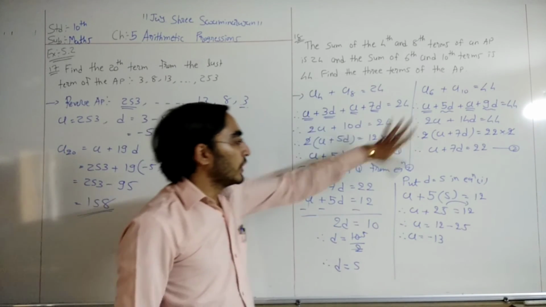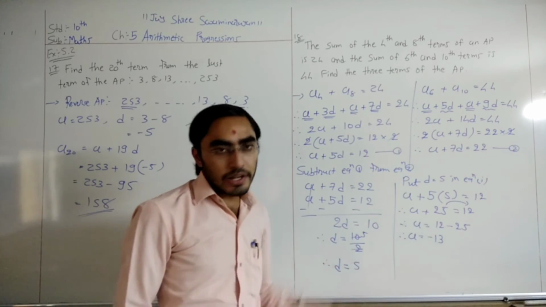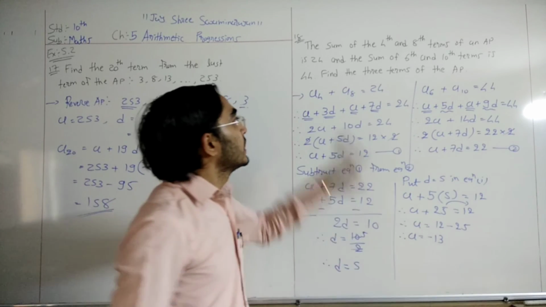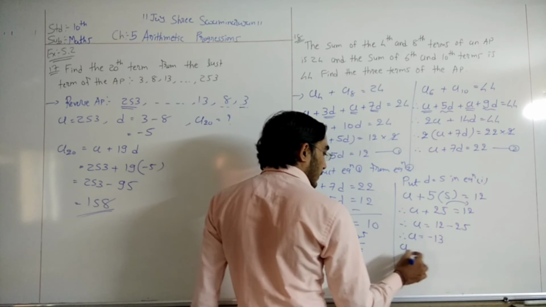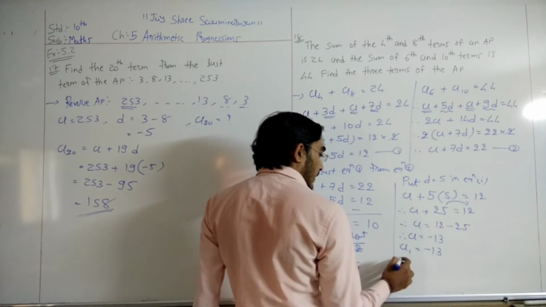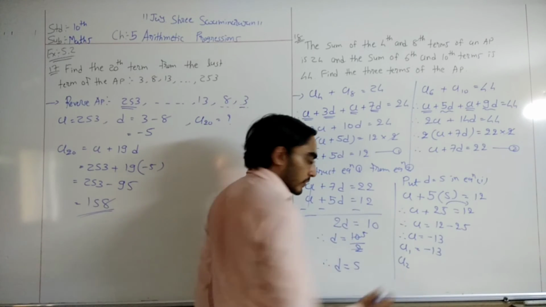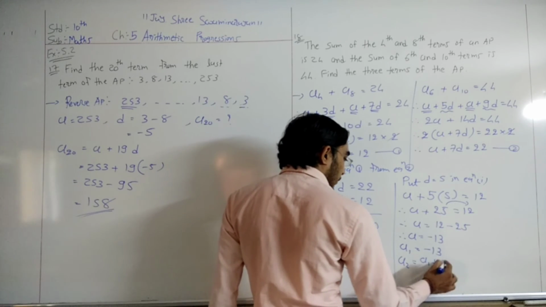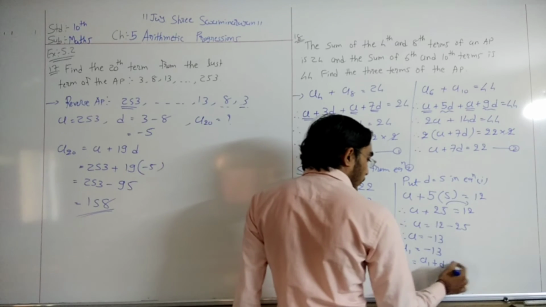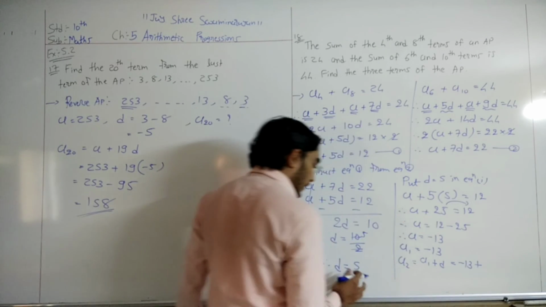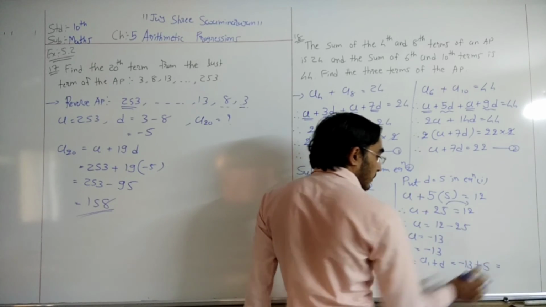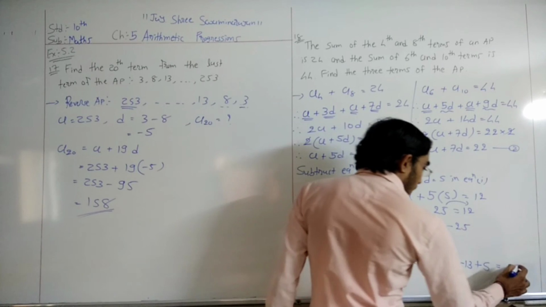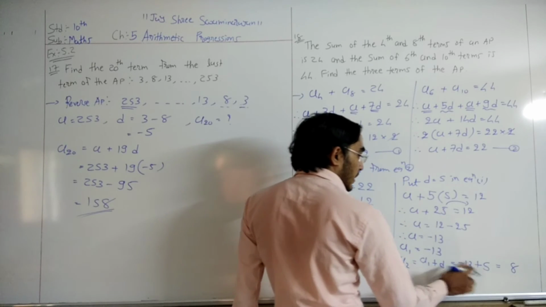Okay. So by using these two equations we get the value of a and d. Now we can find the first three terms of the AP. The first term a1 is minus 13. The second term a2 is the first term a1 plus the difference d: minus 13 plus 5, which is minus 8. The bigger number 13 has a negative sign.